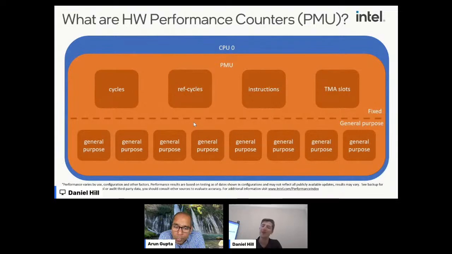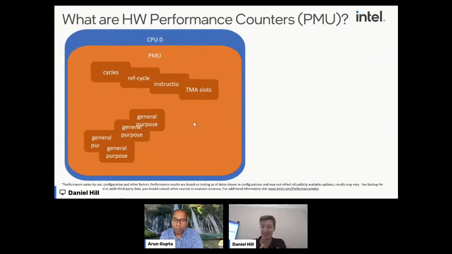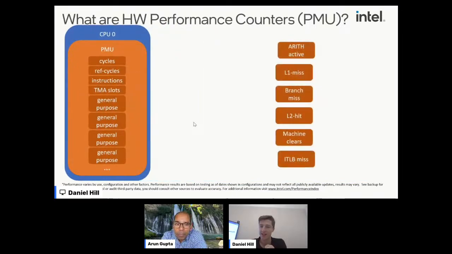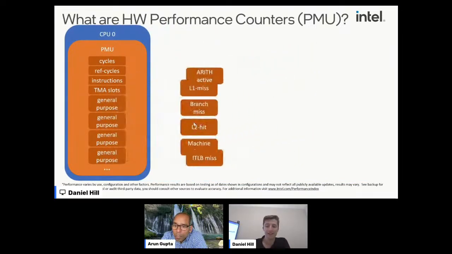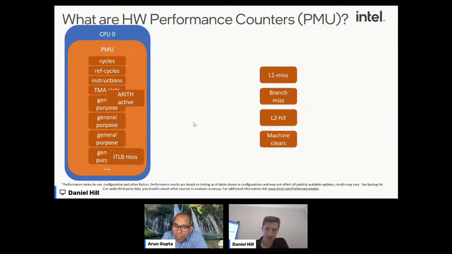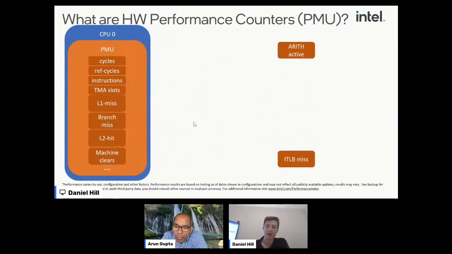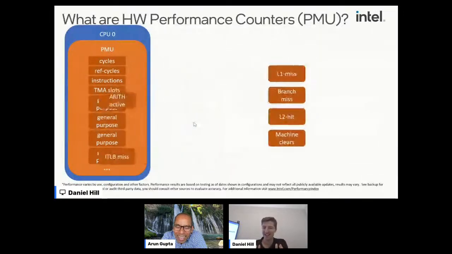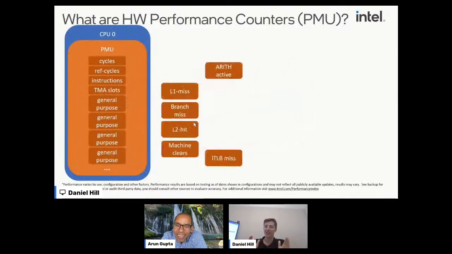Again, you write to these config registers that then tell it which hardware event to start incrementing on. That's very detailed, but at a high level, you can use Linux perf to say collect L1 misses and something else, and it'll start throwing those in there. I'll show in a sec, it can get pretty complicated, where you can actually collect even more events than you have general purpose registers, which might be a little mind blowing, but this is where multiplexing comes in.